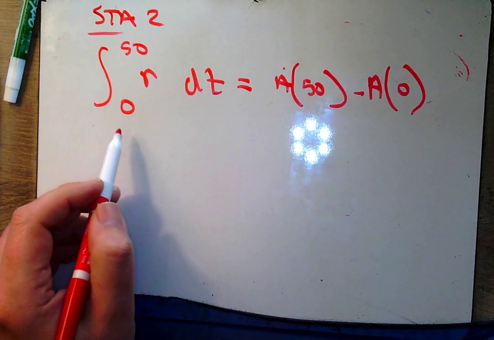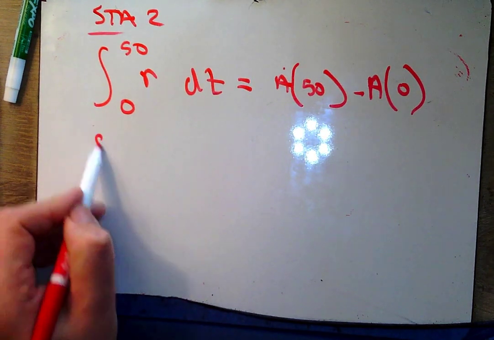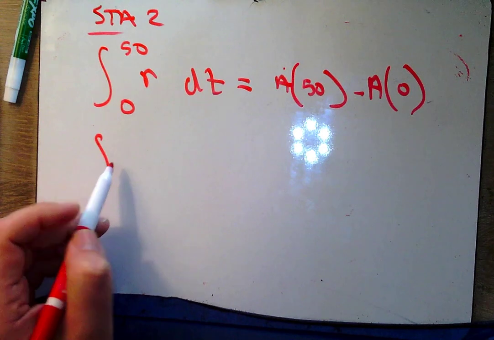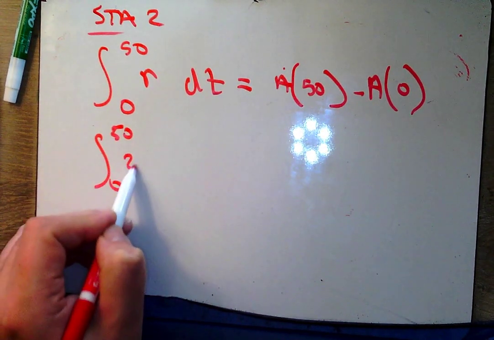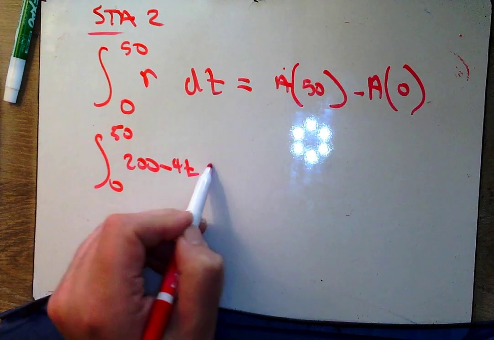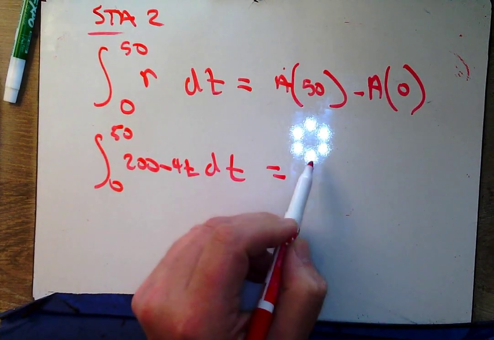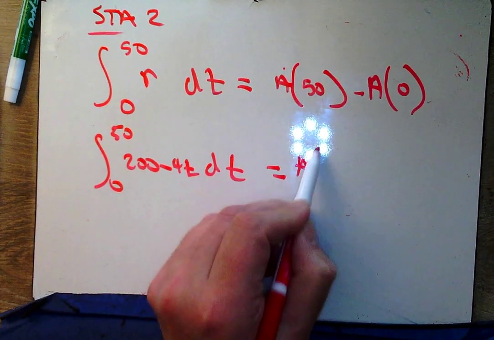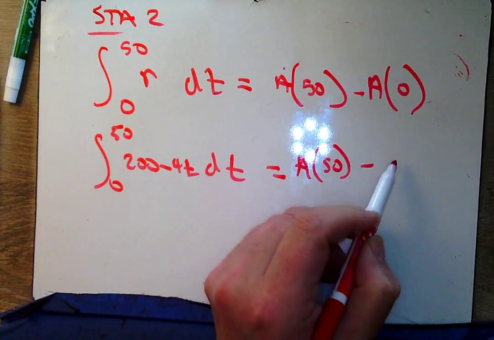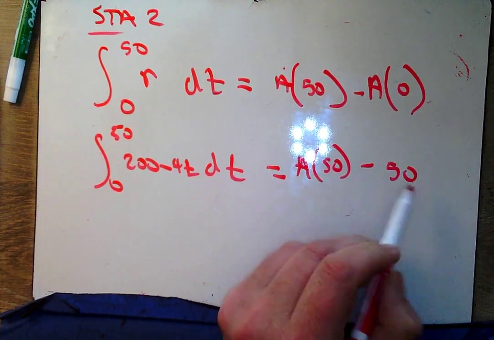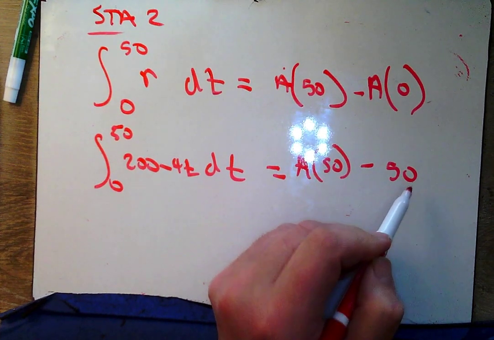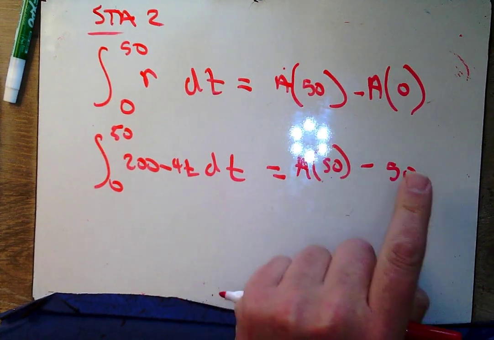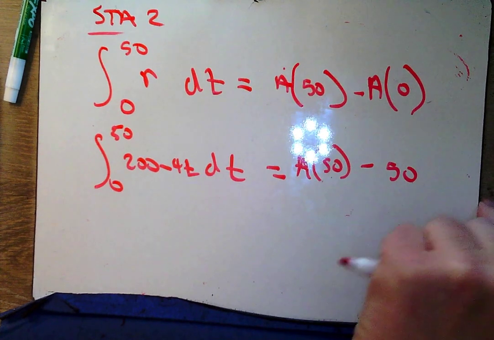And what do we know? Well, we know this is 0 to 50 of 200 minus 4t. And over here, we've got a of 50, and we know a of 0 is 50. They tell us at time equals 0, there are 50 liters present. Don't confuse these minutes with these liters, okay?